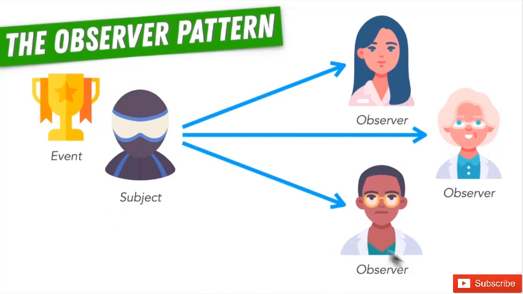As long as the observer is subscribed to that subject, it gets all the updates from it. Now, each observer can react to that event in whichever way it needs. In this case, they all seem to be dressed in lab coats, so maybe they're doctors, and they just breathe a sigh of relief that the race ended safely.